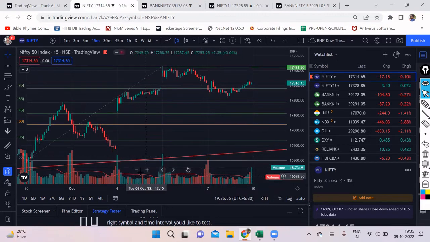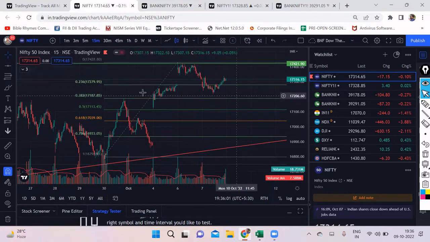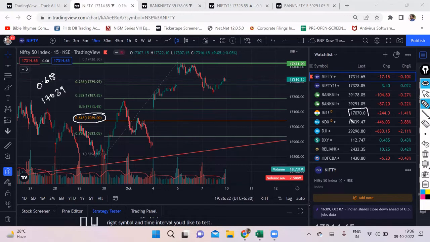So these are the levels that we have. This up move that came the first time will definitely take support at 0.618, if you are clear with the Fibonacci concepts that I explained. That level is around 17,040, so this is 17,039. See where SGX Nifty is, it is at 17,070. So we are definitely opening at this point.